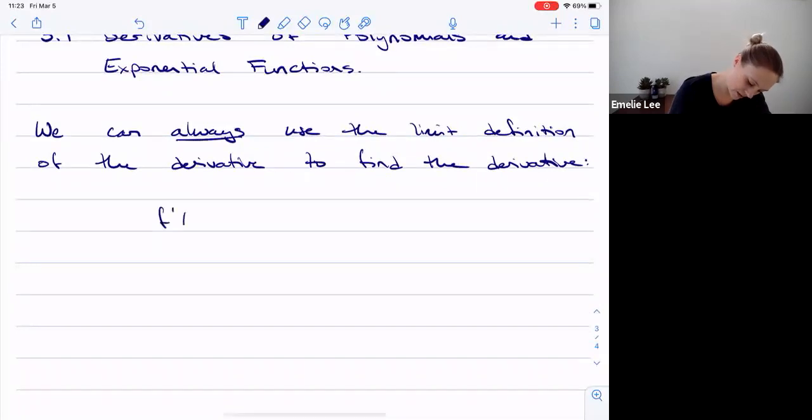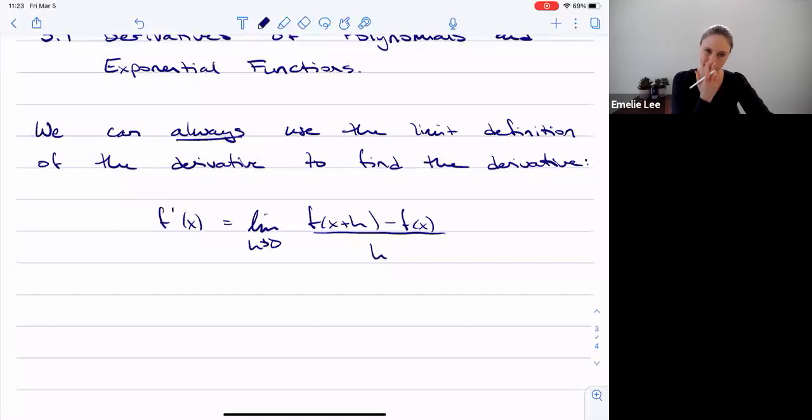And just as a reminder, f prime of x is, oops, forgot the limit. The limit as h goes to 0 of f of x plus h minus f of x over h. Of course, that will always work, okay?